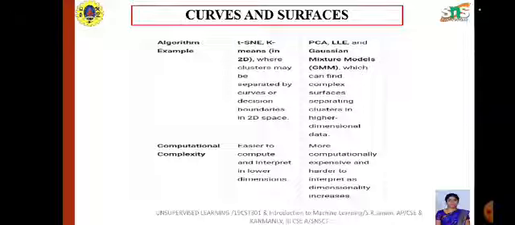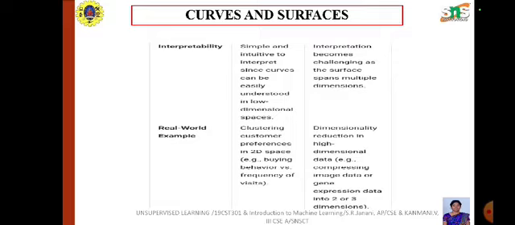The computational complexity is easier in the curve, and for surfaces it is more expensive and harder to interpret due to the larger number of features. The interpretation is simple in the curve and it can be understood easily because of low dimensional spaces. For the surface it's quite challenging because of multiple dimensions. We can't predict easily.